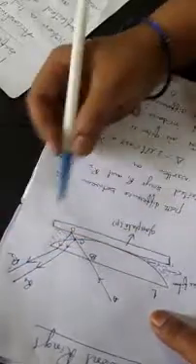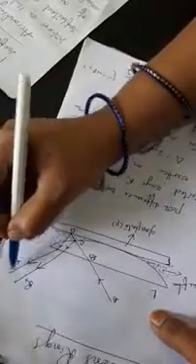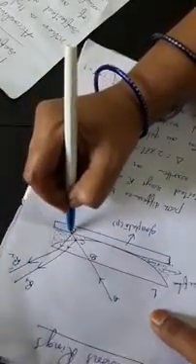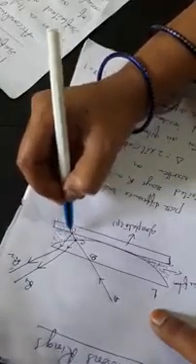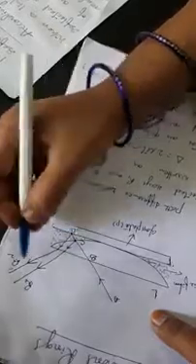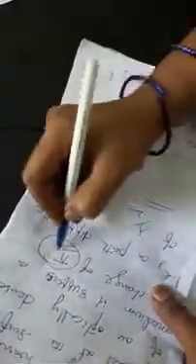Here, two more points you have to remember. When the light rays R1 and R2 get reflected and interfere, R2 is coming from the denser medium to the rarer medium. So according to Stokes law, whenever a light ray gets reflected from the denser medium to the rarer medium, it suffers a phase change of pi, or a path difference of lambda by 2.